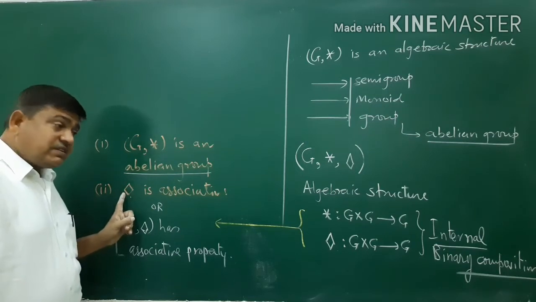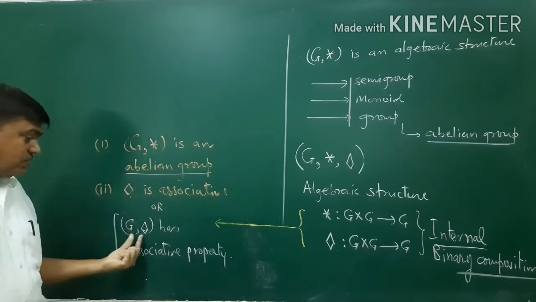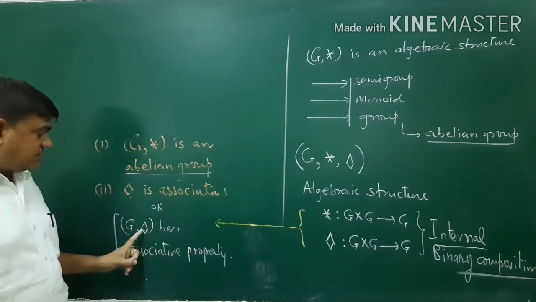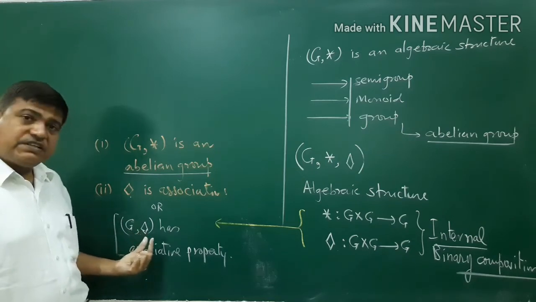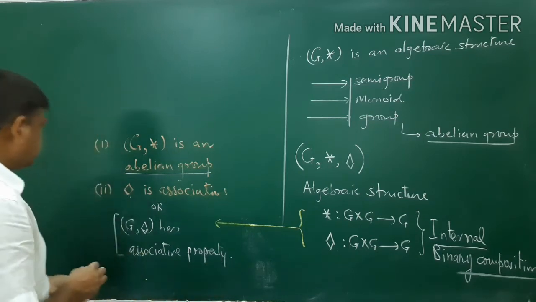This second binary operation is associative. Remember, this is a binary composition, so definitely it is closed with respect to this, meaning closure property with associative property.